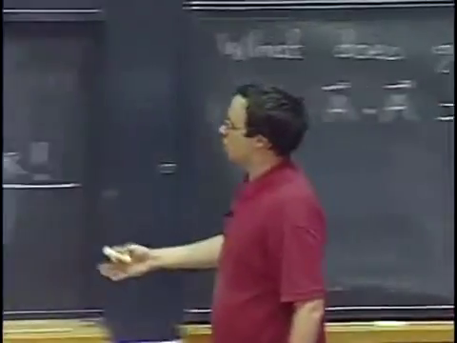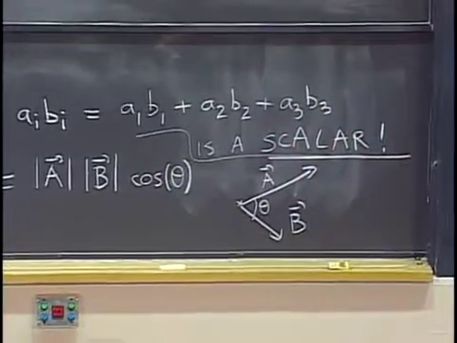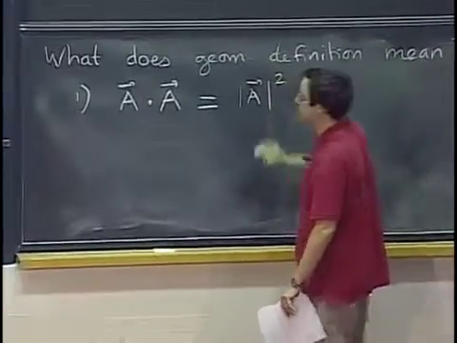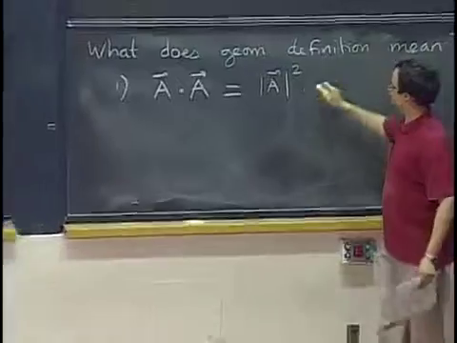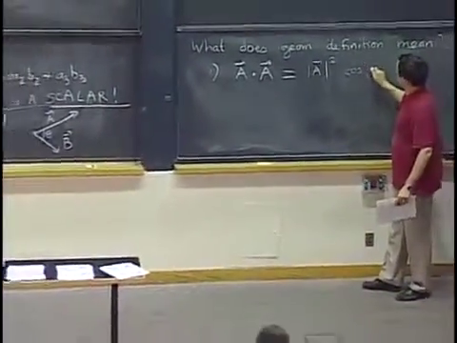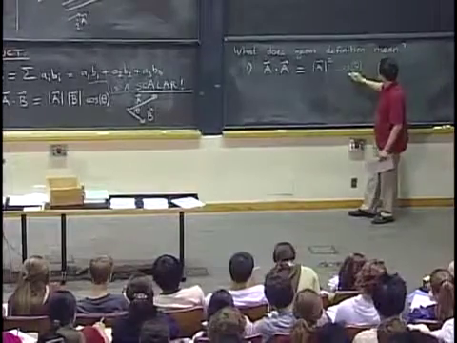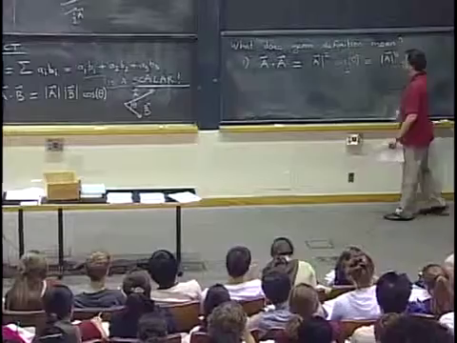So what this tells us is we should get the same thing as multiplying the length of A with itself, so squared, times the cosine of the angle, but now the cosine of an angle of 0, cosine of 0, you all know is 1. Okay? So that's going to be length A squared.